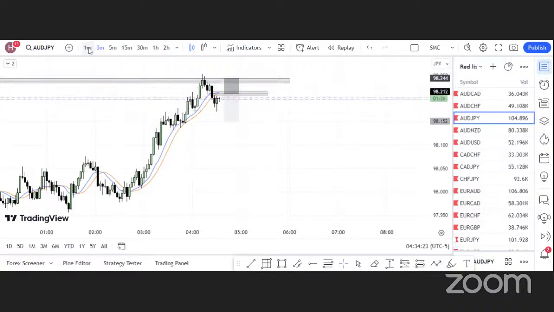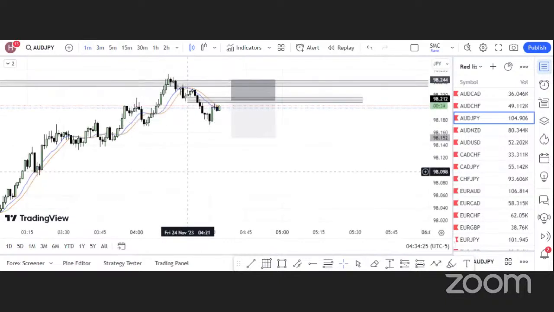Okay, so let's go to the 1 minute time frame. Right now we are getting a tap inside.